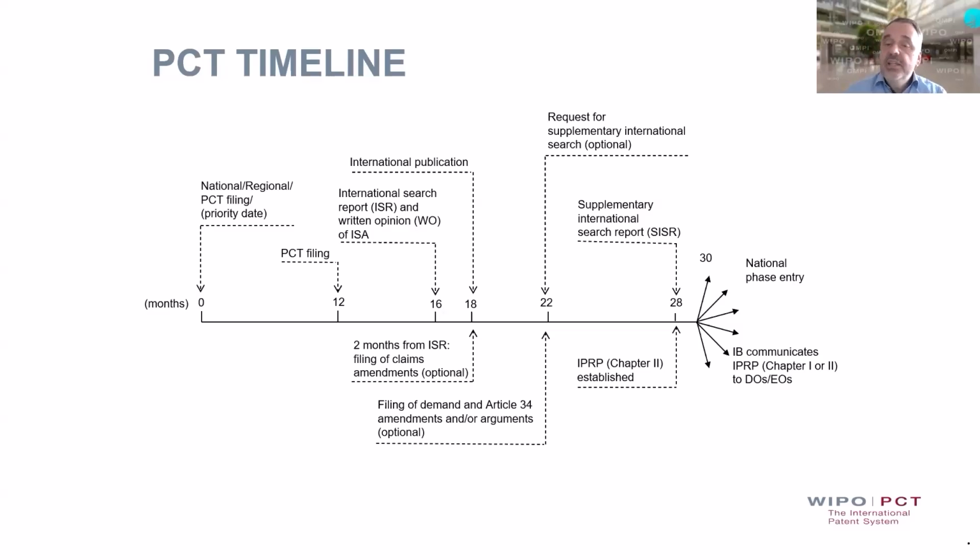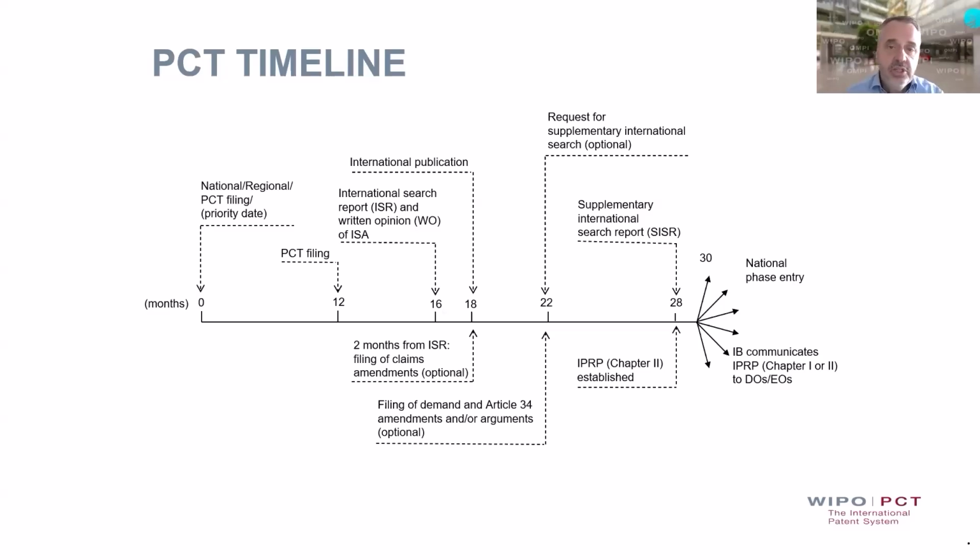That is an opportunity for an applicant to, on the one hand, file further sets of amendments, not only of the claims as under Article 19, but also amendments to the description and to the drawings, and to enter into a discussion with the examiner with the aim to possibly obtain a more positive result than what was obtained in the search report and written opinion.